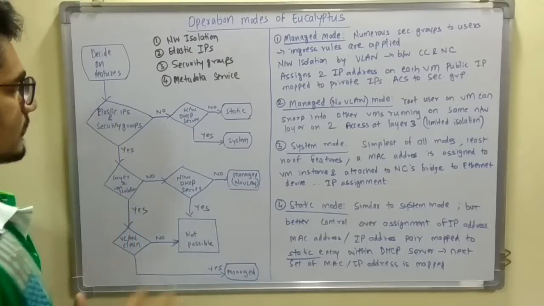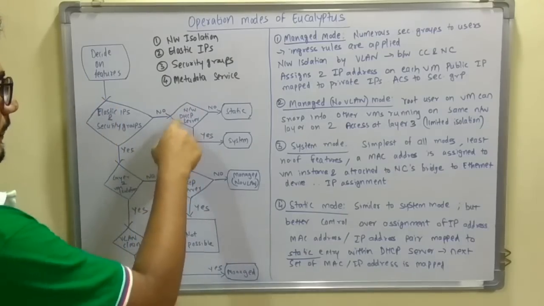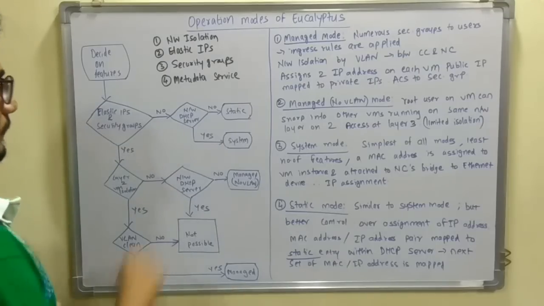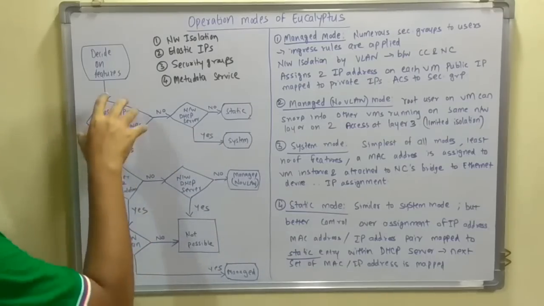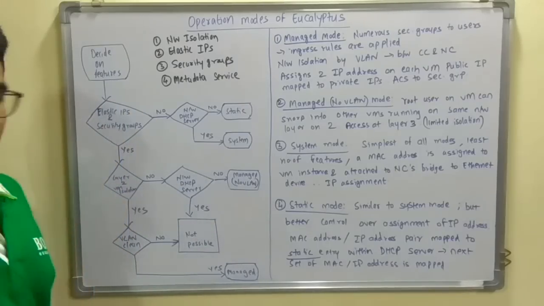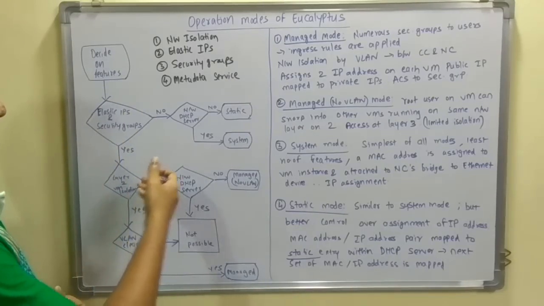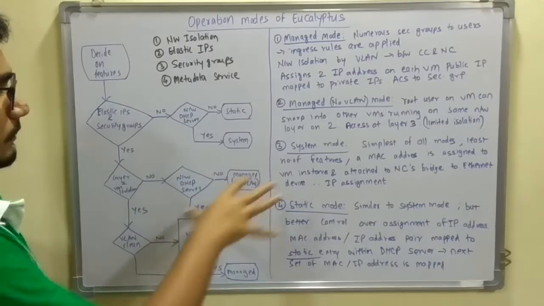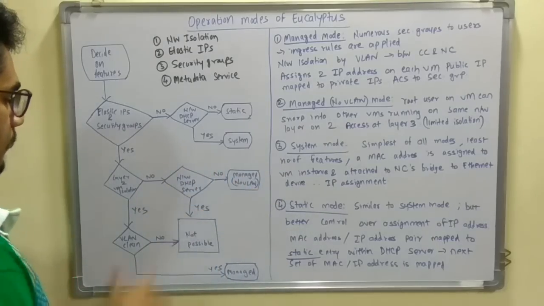And if elastic IPs and security groups are not there and a network DHCP server is there, then it will move to the system mode, which is the simplest mode. And if it has elastic IPs and security groups as well as layer 2 network isolation, and it has no network DHCP server, then it will go to managed no VLAN mode.